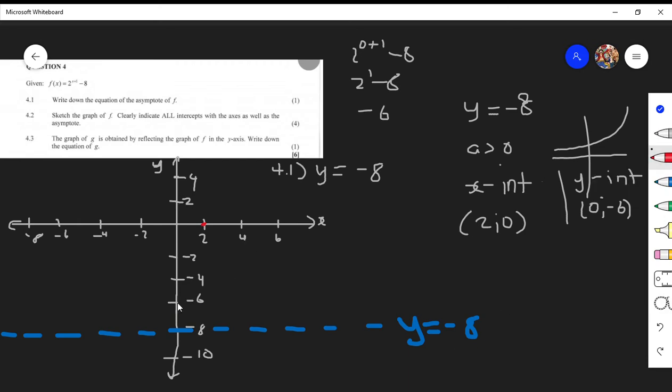X as 0, y as negative 6. So when we have our function, we can just draw it like this, cutting 2, cutting negative 6, and extending all the way like this. Okay.